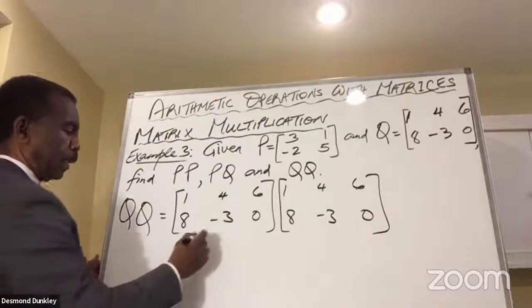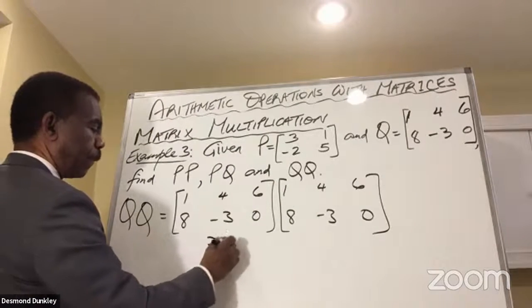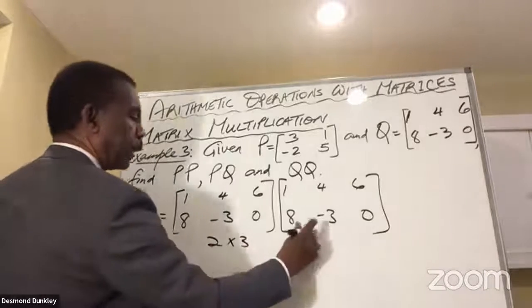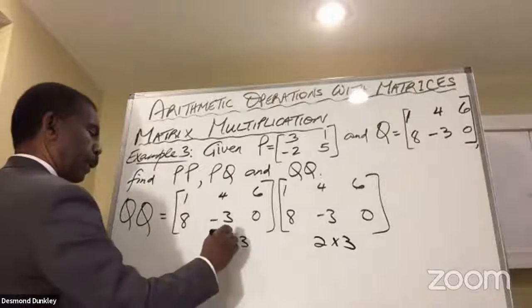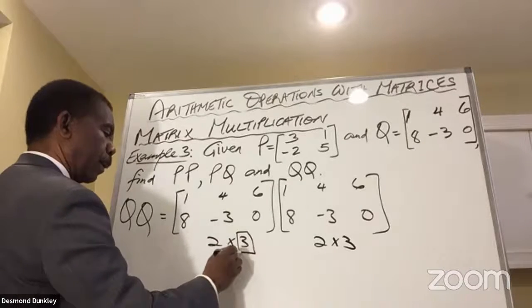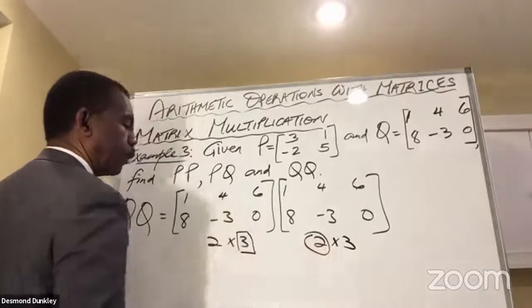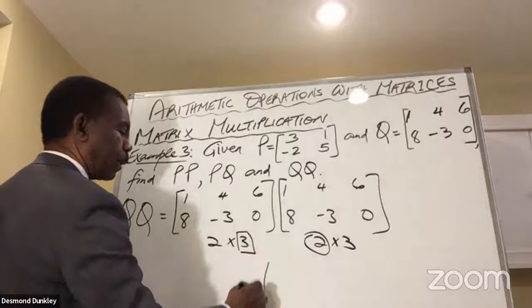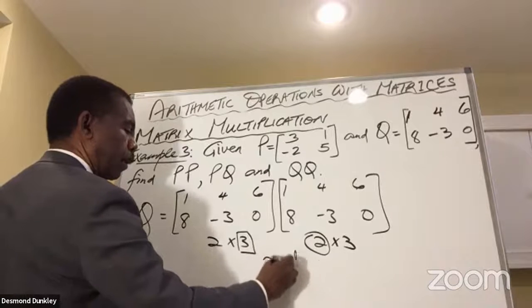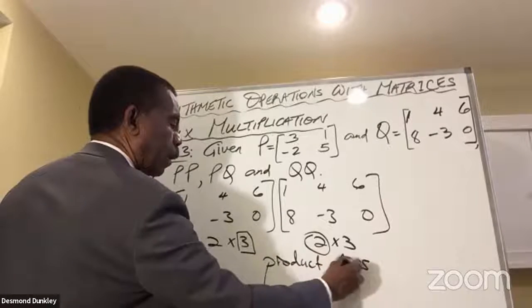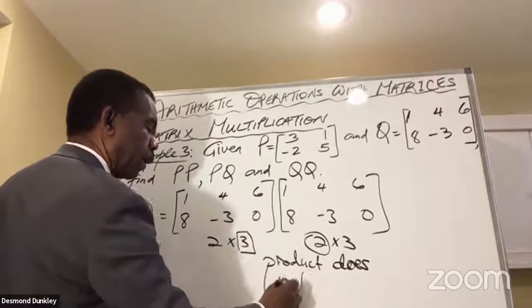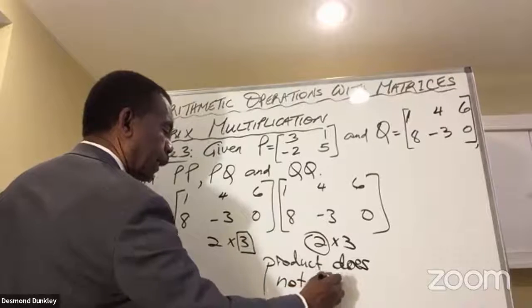So this is a 2 by 3. This is a 2 by 3. So this is a 3, and this is a 2. So the product does not exist.